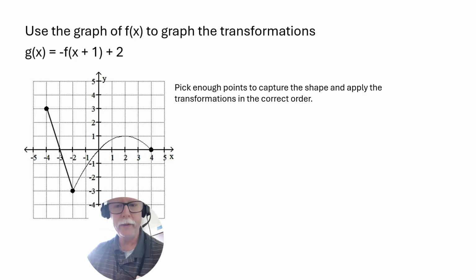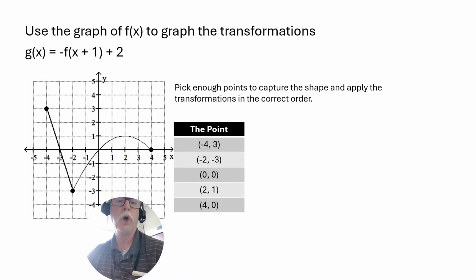Pick the end points, definitely, and then pick a couple of points along the curve just so you can capture the shape. If the graph or the curve or line goes through the corner of the grid, those are definitely the points you should pick. If it doesn't, then do your best approximating. But you need to do a couple of them to capture the curviness.